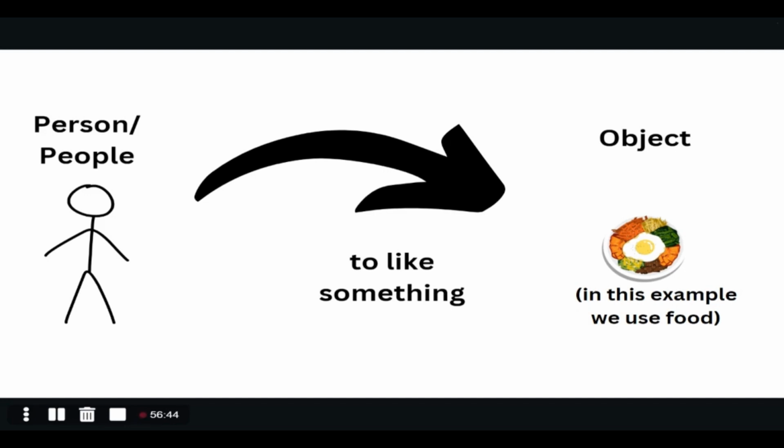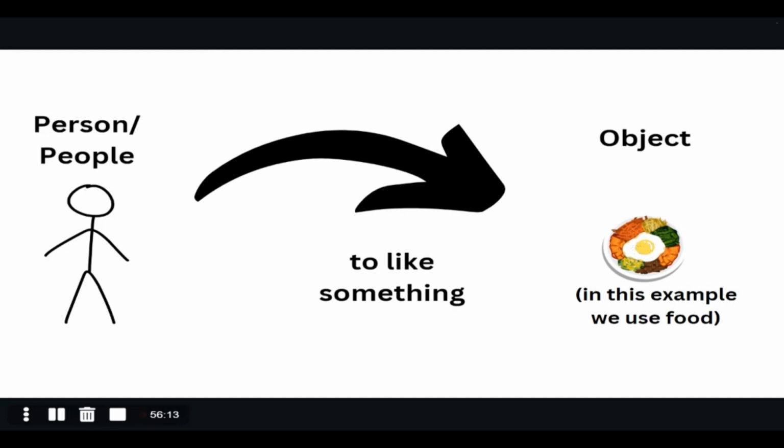we are the subject of the sentence, right? The subject of the sentence simply means the thing or person that is doing the action. We are doing an action. So the action we're doing is liking something, or to like something. So in this example, I like food. I am doing the action to the food.